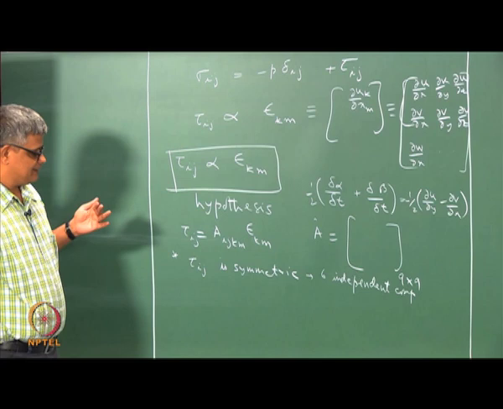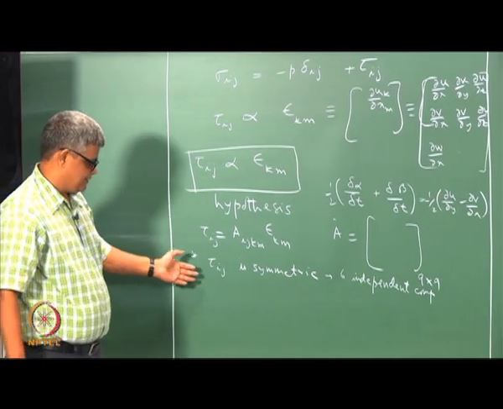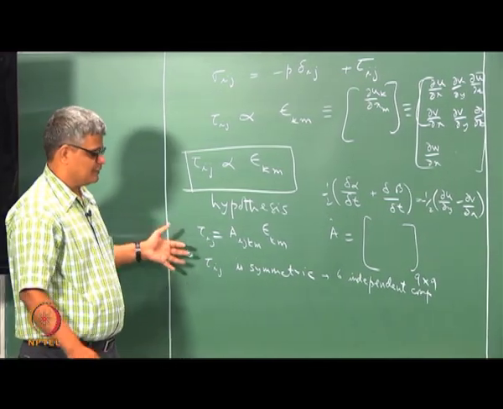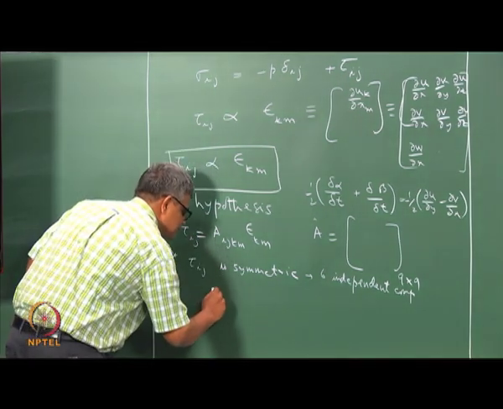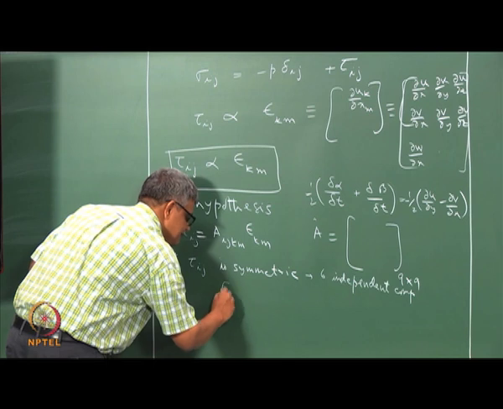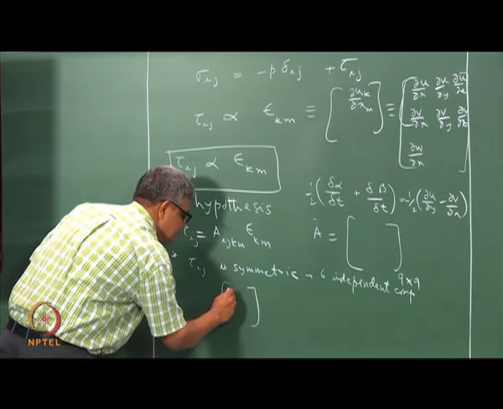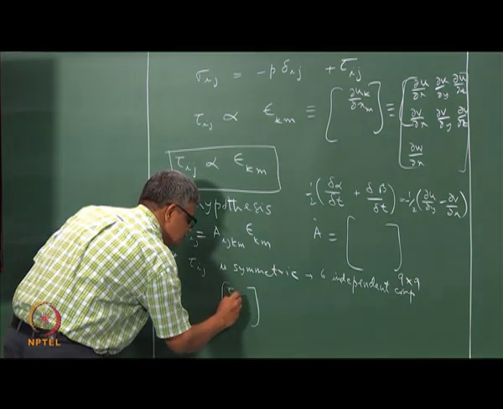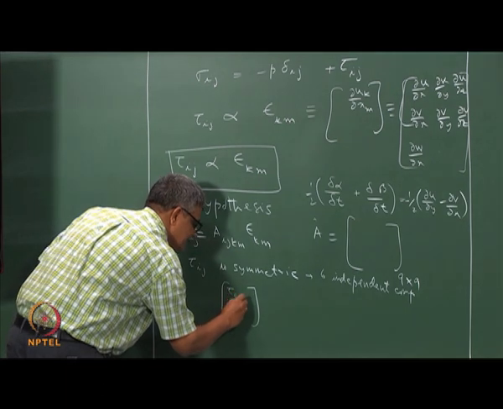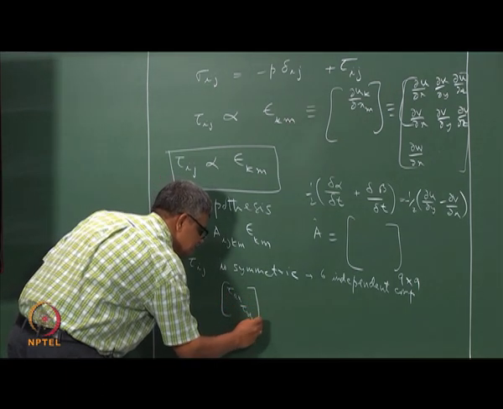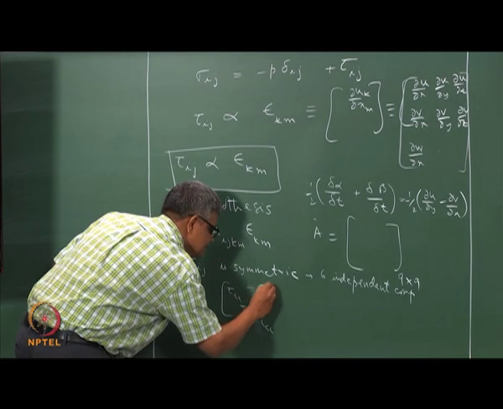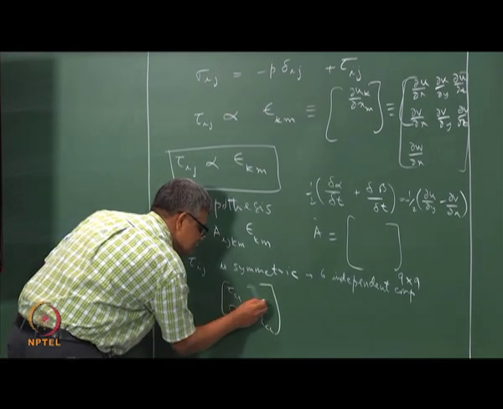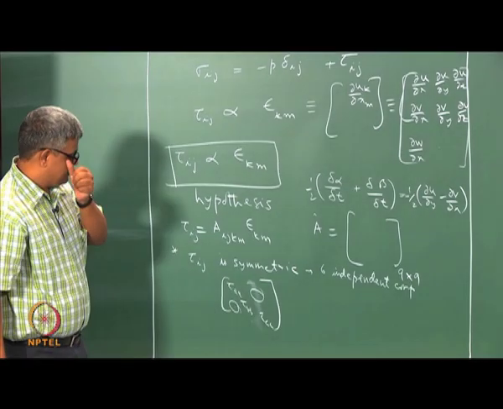And in the special case where we do some matrix operations and rotate this and then write these in the principal coordinate system, then we will only have tau AA, tau BB and tau CC, and all these other things are 0.